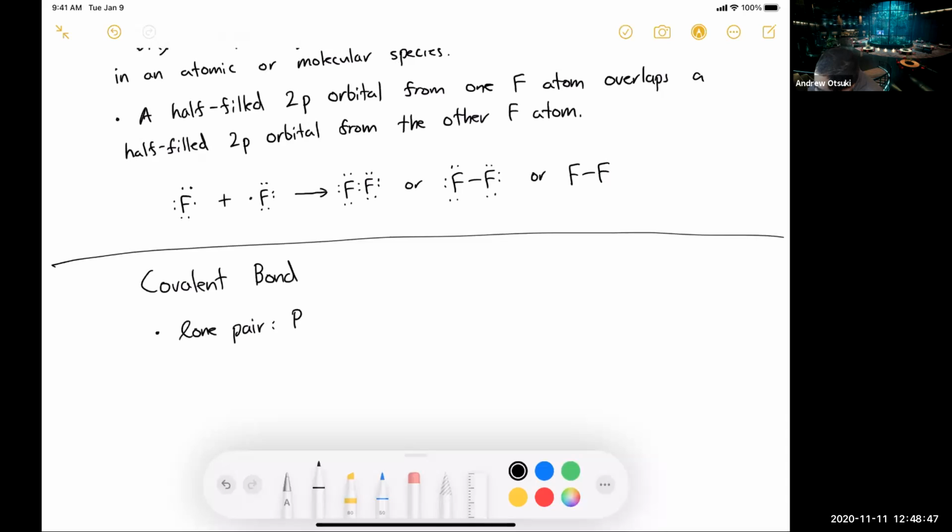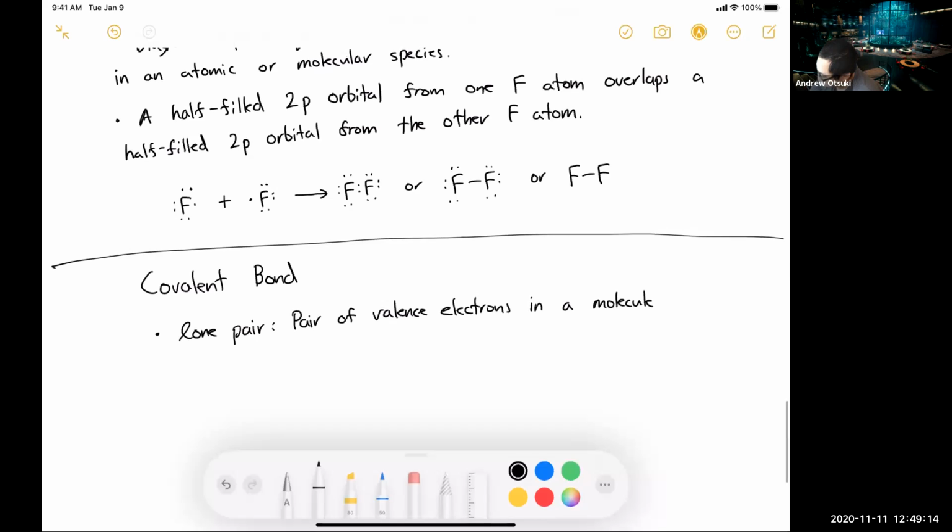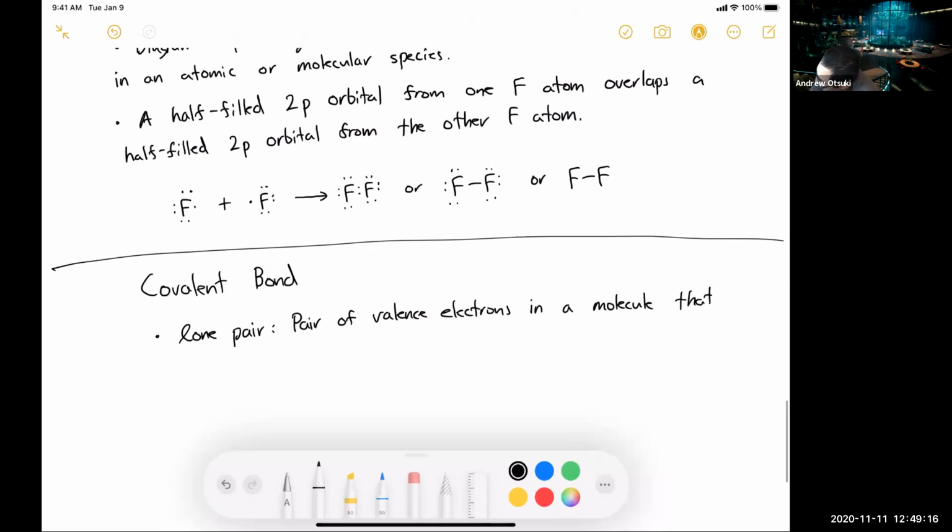A lone pair is a pair of valence electrons in a molecule that are not used for bonding.